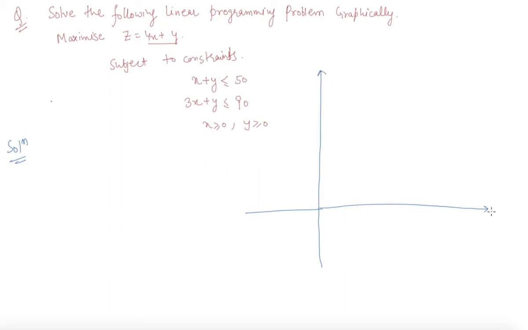We need to select the units of the graph very wisely, so let me take the graph of 10 units. So this is 10, 20, 30, 40, 50, 60, 70.